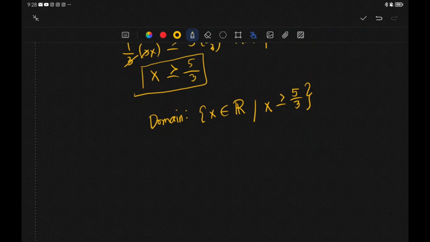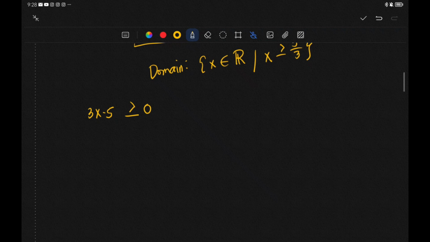So we know that this value is 3x minus 5 and it should be greater than or equal to 0. It must be positive or 0. So given the function, we have f of x is equal to 2 times a positive number or 0.